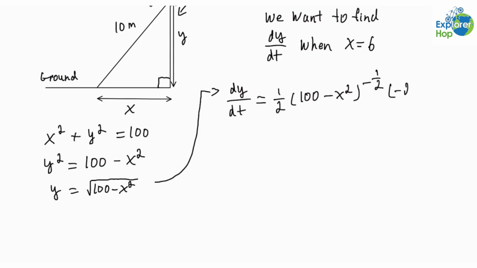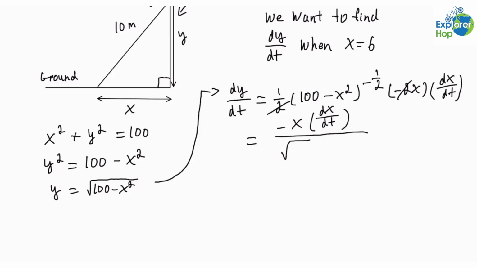So that's negative 2x. Then times the derivative of x with respect to t, dx over dt. And we can see that the 2's divide out. So this is equal to negative x times dx over dt divided by the square root of 100 minus x squared.